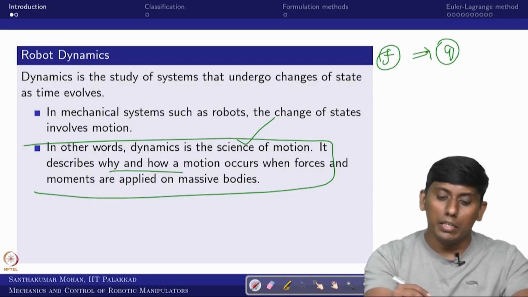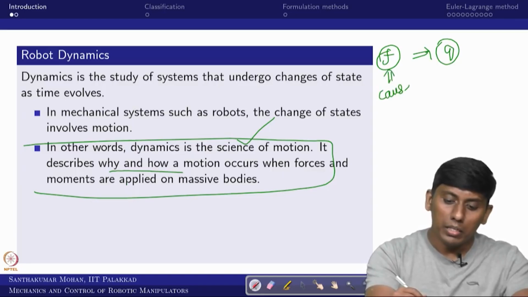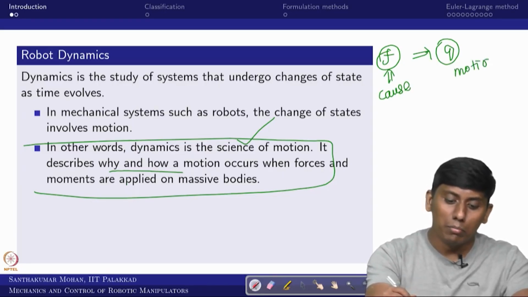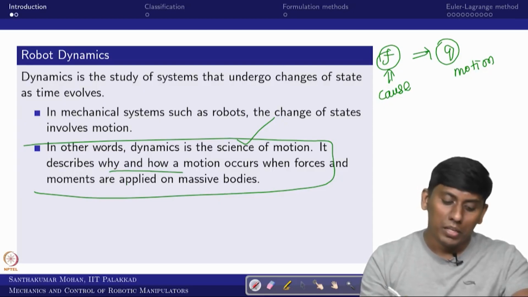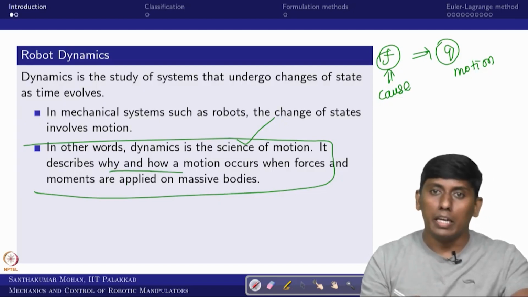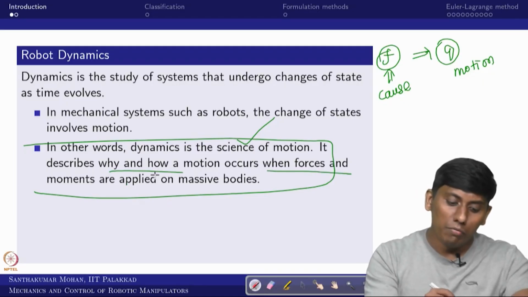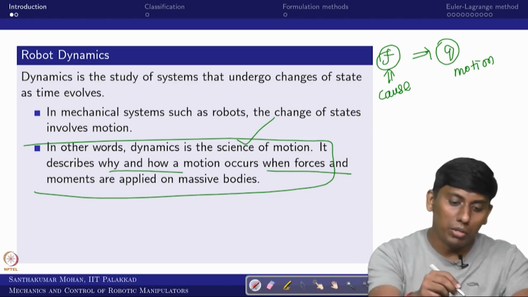Here the input is the efforts or causes that are causing the motion, and we are trying to see the motion relation. It is a multi-body system, so we are trying to see how it can be done one by one. When forces and moments are applied on massive bodies, how can we understand the motion of the system? That is the idea.